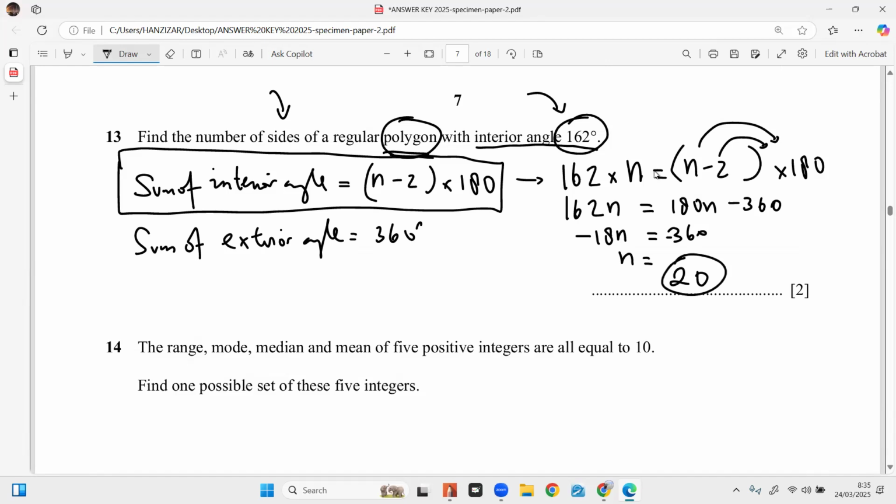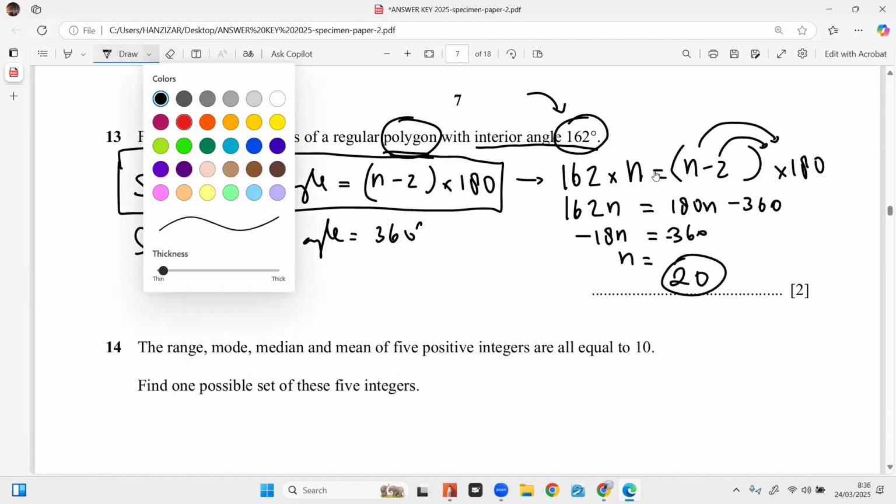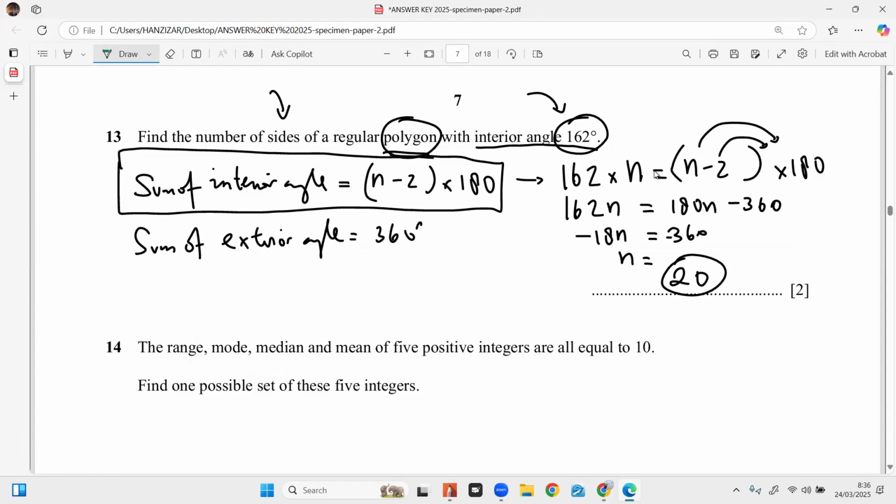That's all. But if you use the exterior formula, guys, listen. The interior angle is 162. What is the exterior angle? It's always producing a straight line, right? Interior and exterior add up to 180. 180 minus 162 becomes 18.